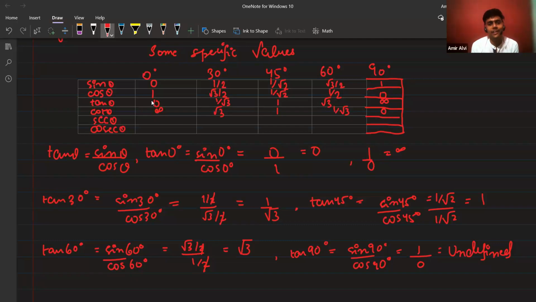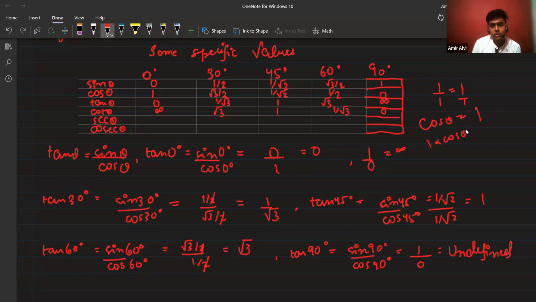It's the simple one, dear. Suppose cos theta is 1 and we have 1 divided by cos theta.